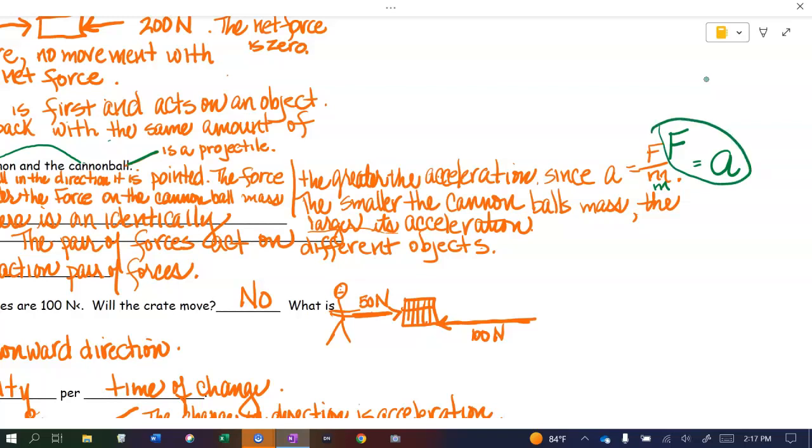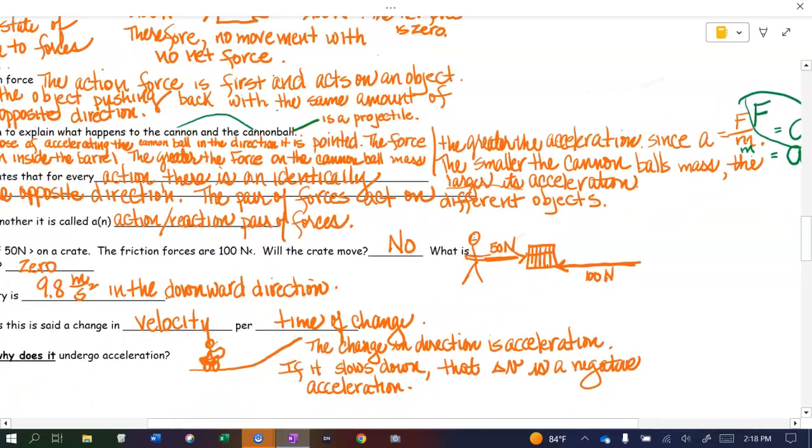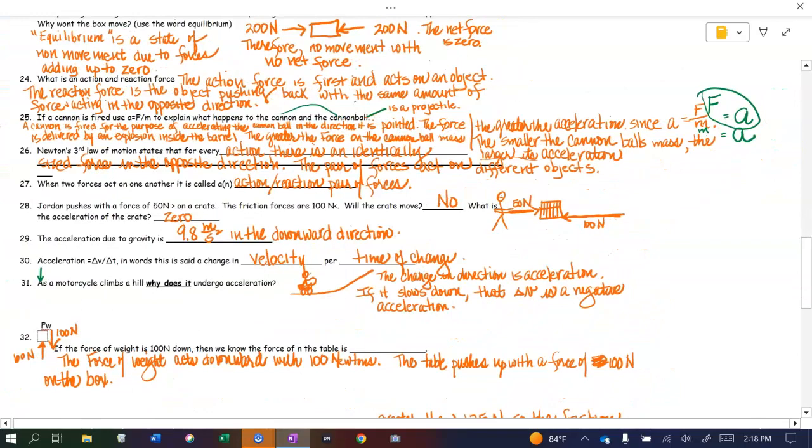If the mass shrinks, but the force stays the same, well, then we have a larger acceleration too, because the number in the denominator got smaller. Fractions are larger when the number in the denominator gets smaller or when the number in the numerator gets larger.